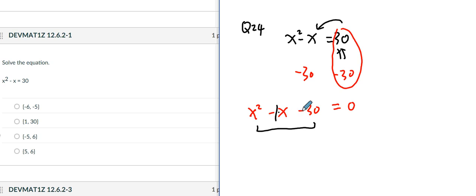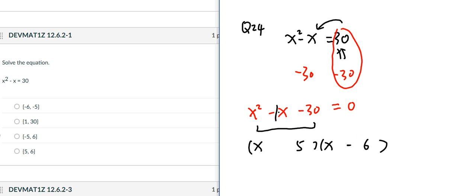Again, this is a trinomial, so x squared can be split as x times x. And how to split negative 30? You want to split into 5 times 6. But you know, here has to be negative.